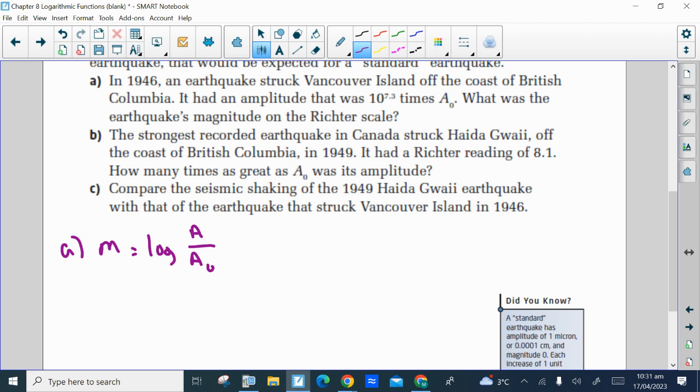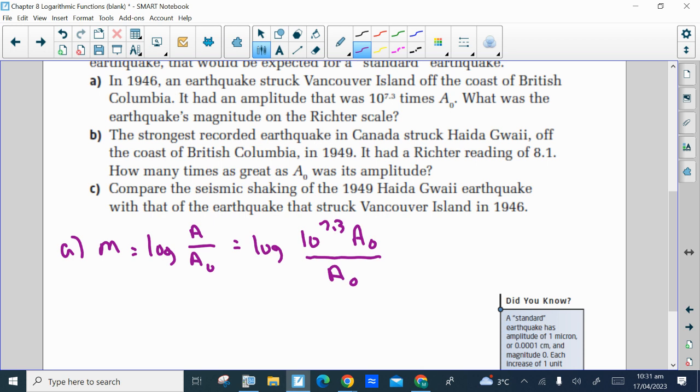For part A, we are told that the amplitude, which is what a is, was 10 to the power 7.3 times a sub-zero. So a is 10 to the power 7.3 times a sub-zero over a sub-zero.